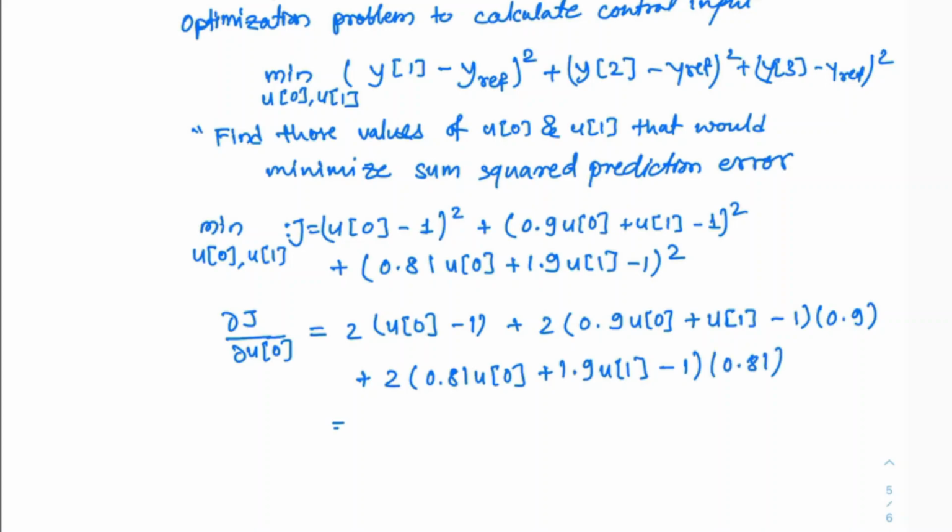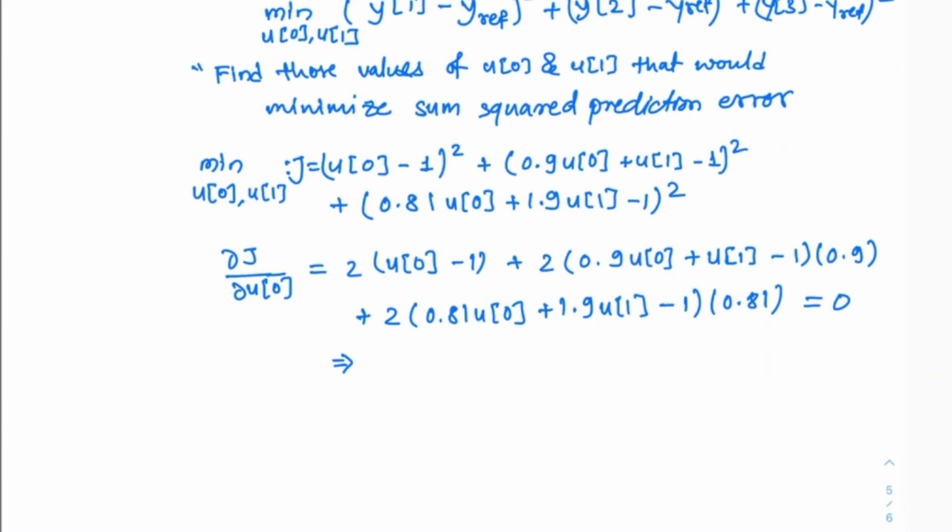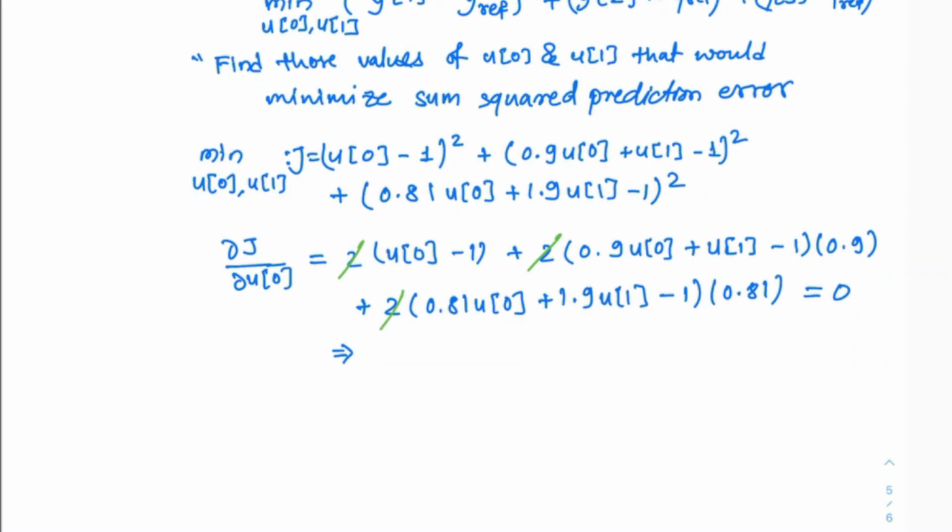Let's clean this up a bit. We'll equate this to 0 because we are looking for a minimum value, so the derivative should be 0. This implies the 2 can be cancelled, and we'll take the terms together.